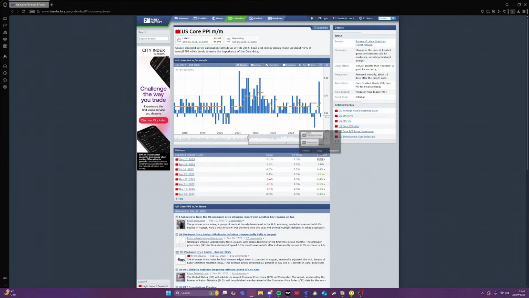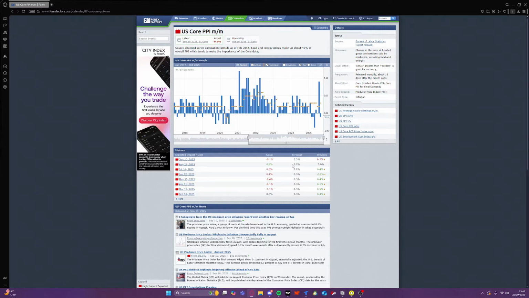So you're going to look at the previous 0.7 and the forecast is 0.3. Now because it's inflation, numbers smaller means that it's bullish because the market doesn't like inflation, right? The less inflation, the better for the market. So it doesn't matter the numbers, right?